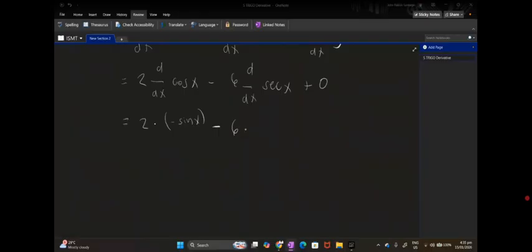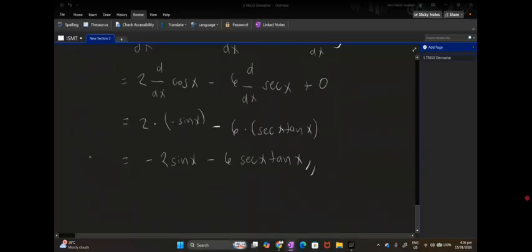So, times secant x tangent x plus 0. So pag in-evaluate na natin, it's negative 2 sine x minus 6 secant of x tangent of x.